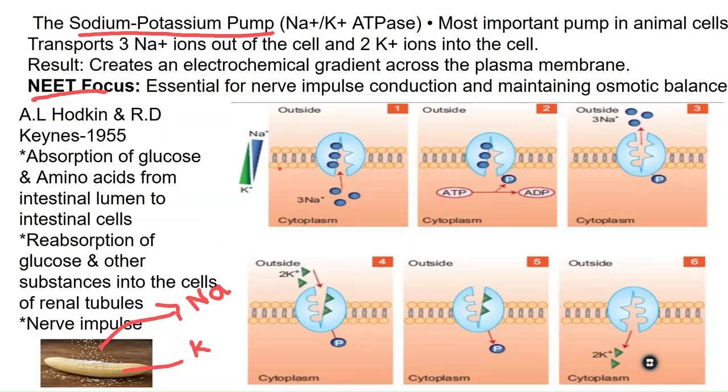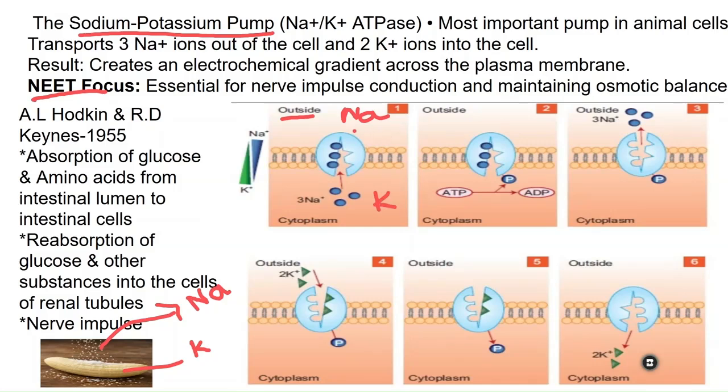Similarly in our cells, outside, in the extracellular region, we have a lot of sodium. So sodium concentration is high outside the cell, whereas inside the cell, potassium concentration is high.